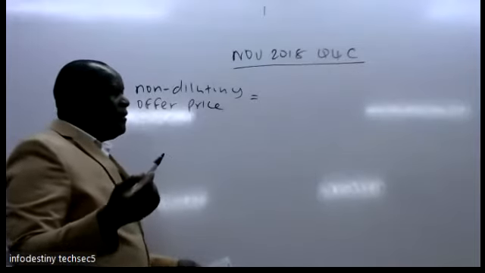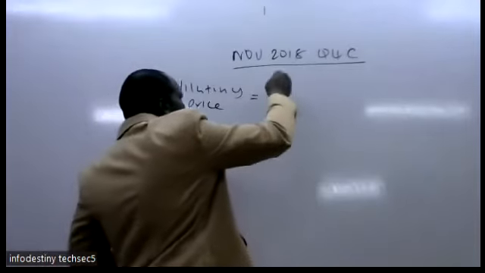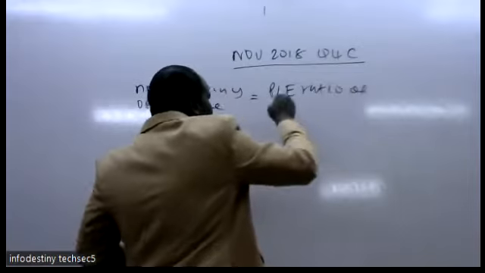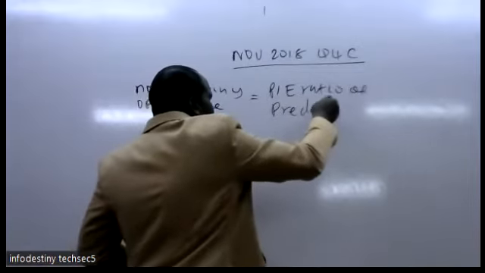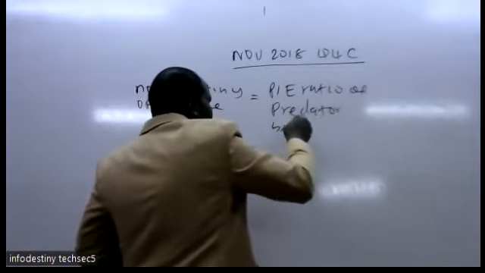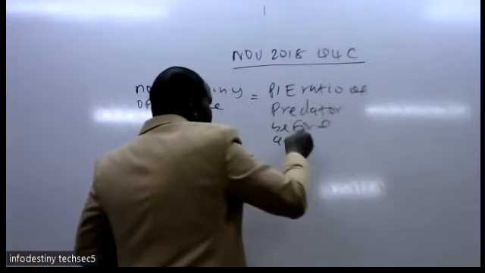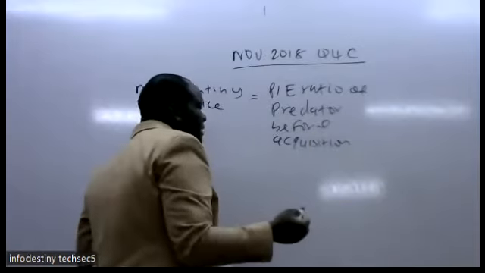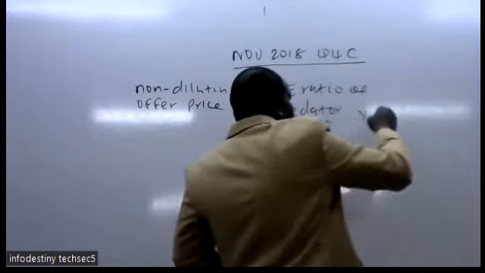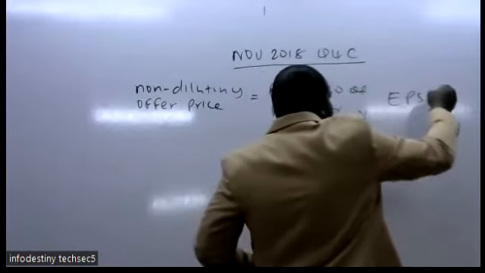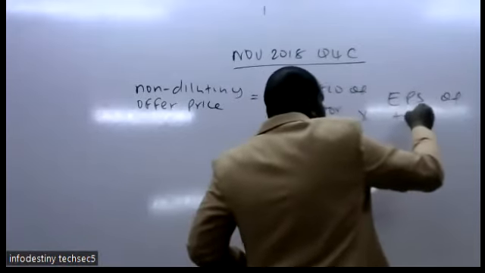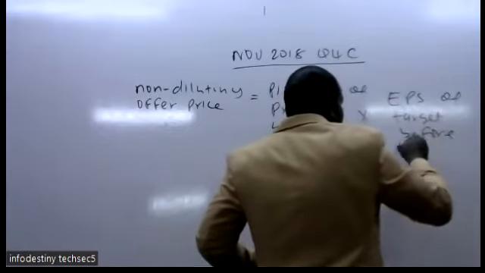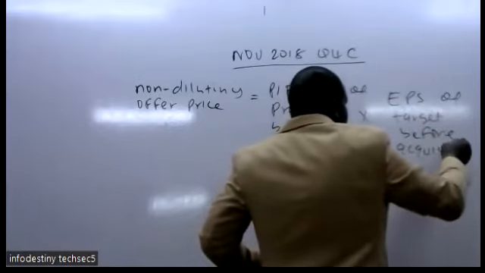Remember we said that it is given by the price earning ratio of the predator before their acquisition, multiplied by earning per share of the target, also before their acquisition.